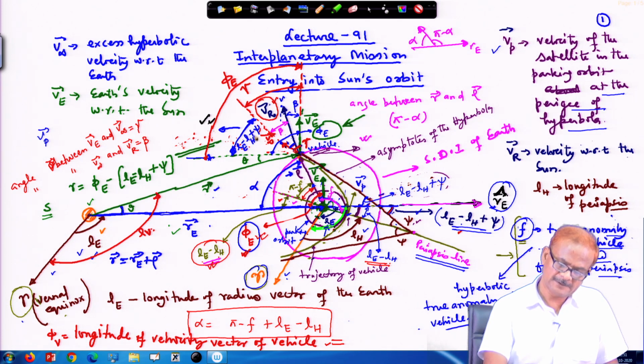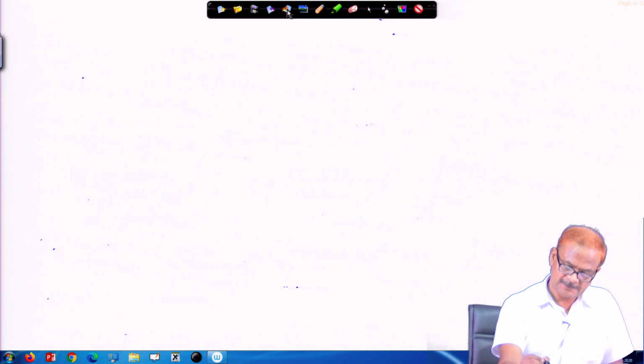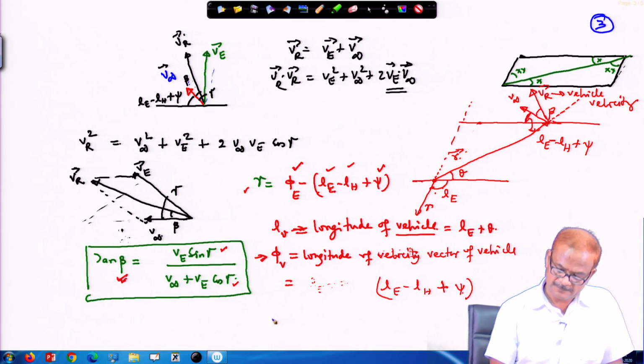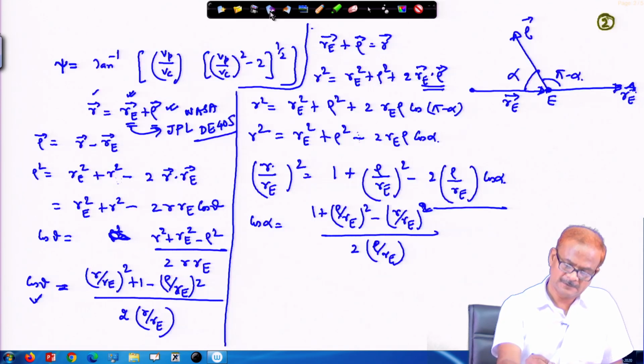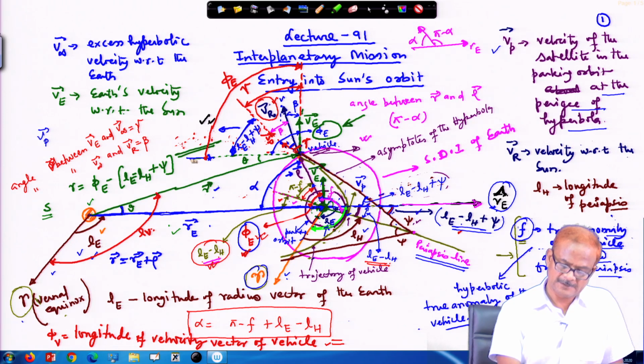So, with the horizontal this is making L E minus L H plus psi, and V r will be making the angle L E minus L H plus psi plus beta with the horizontal. So, with this line, how much angle will it make?